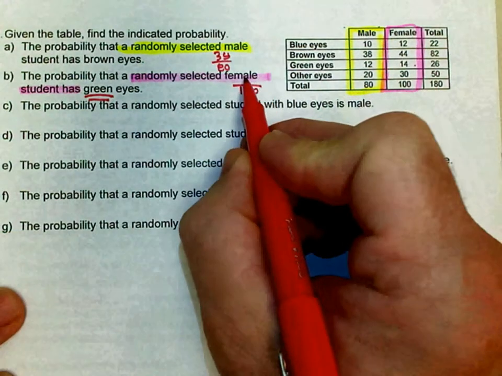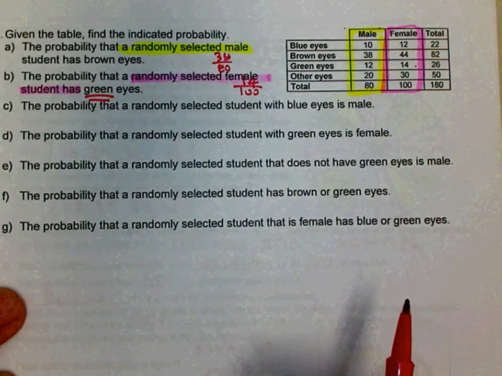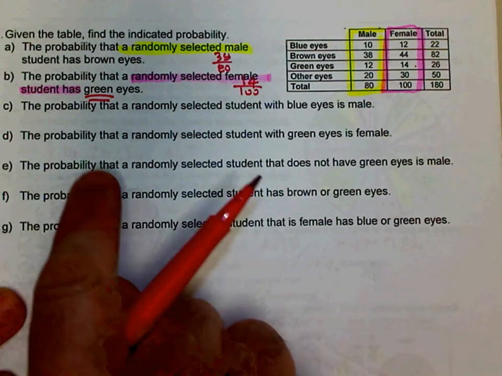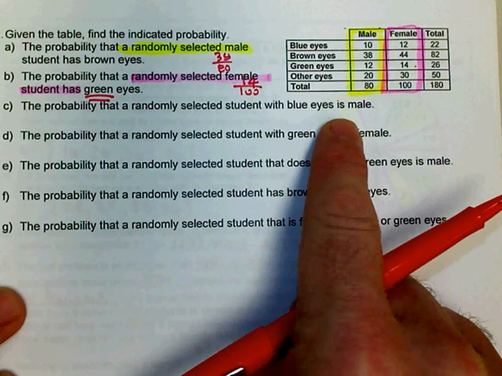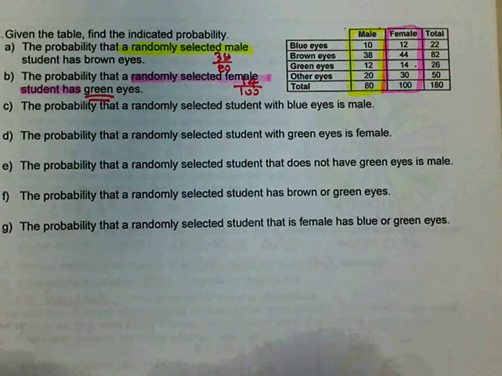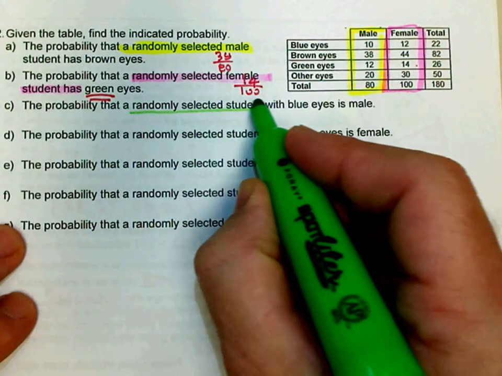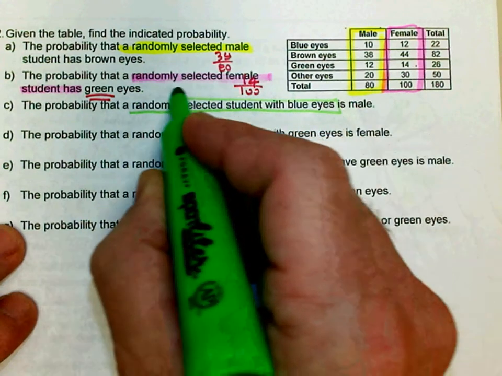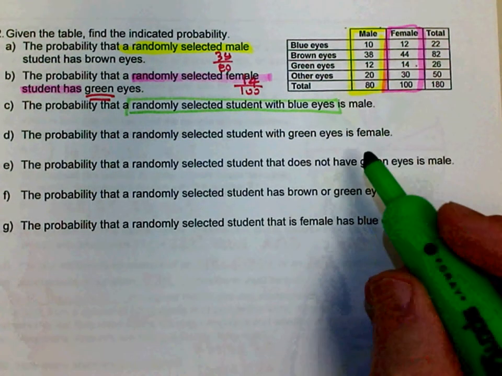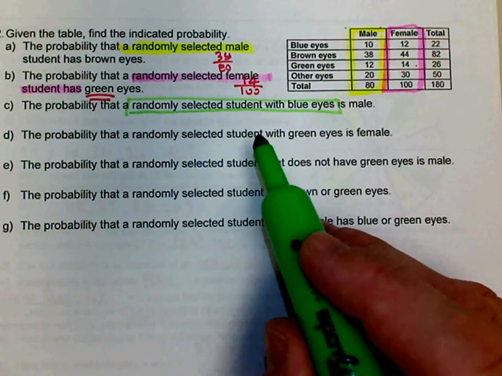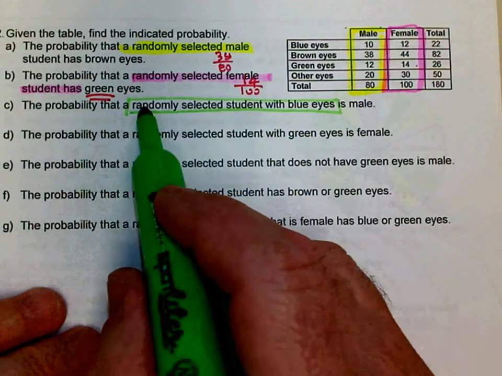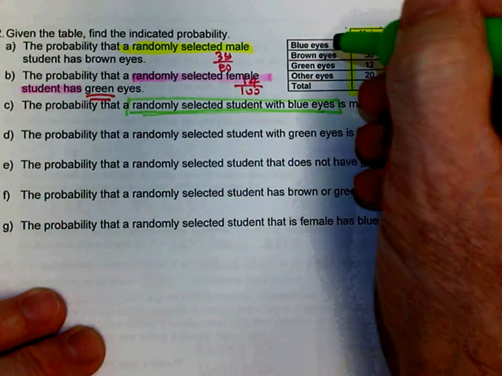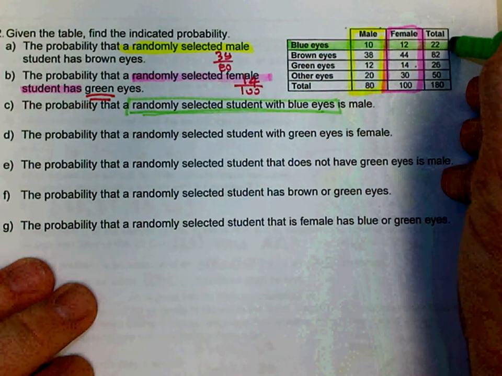The probability of selecting someone with blue eyes is a male. Blue eyes is the conditional statement. We're not asking what's the probability that someone has blue eyes and is male. It's saying if we're looking at blue eyes, which is this row right here, that gives us a denominator of 22.